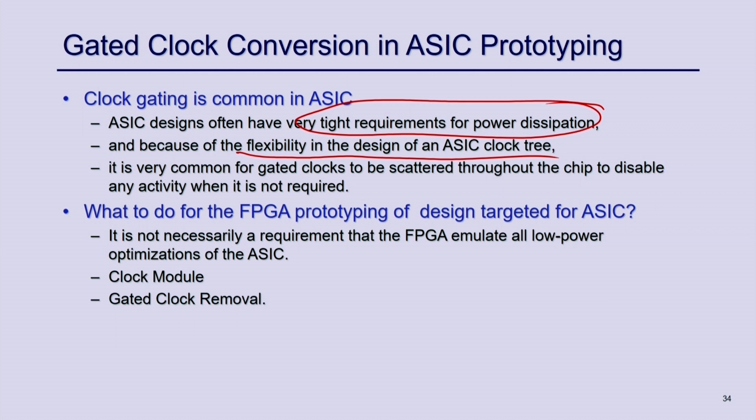So, for ASIC, clock gating is very common, and this is not very common for FPGA design. So, whenever you are designing something for ASIC, you might think of having a gated clock in your circuit, but when you are designing something for FPGA, you should avoid clock gating in your design, right.